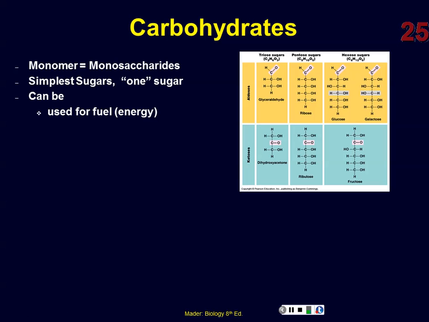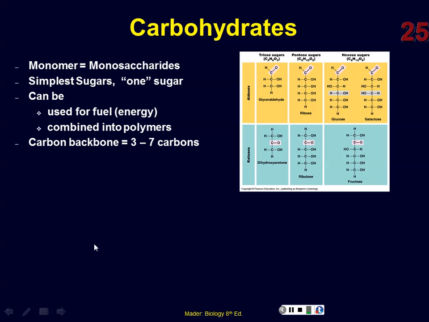And we use glucose as fuel, okay? Or they can be bonded together and combined into a polymer for storage of energy. Okay, so we run into glucose by itself, and then we have lots of molecules that are glucoses bonded together.